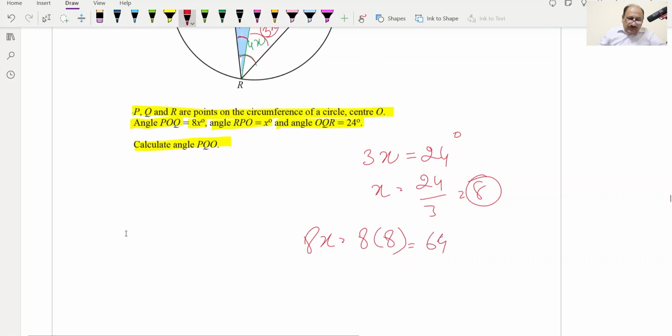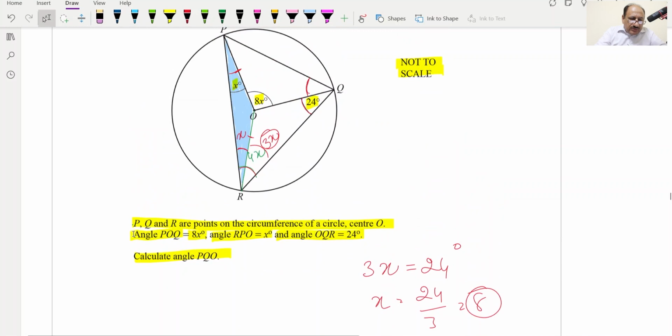So this central angle is 64. OQ and OP are both radii of the circle, so they are equal, so their opposite angles will also be equal, and these two angles will be adding up to 180 minus 64.